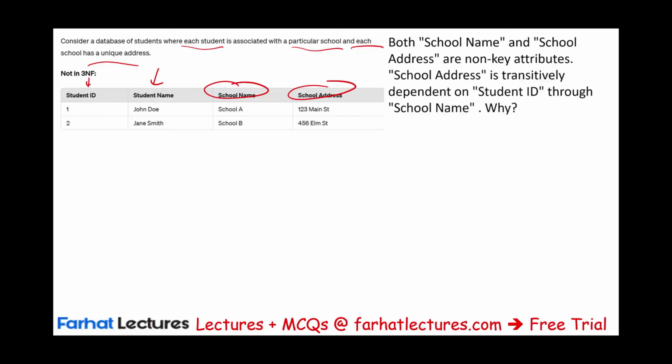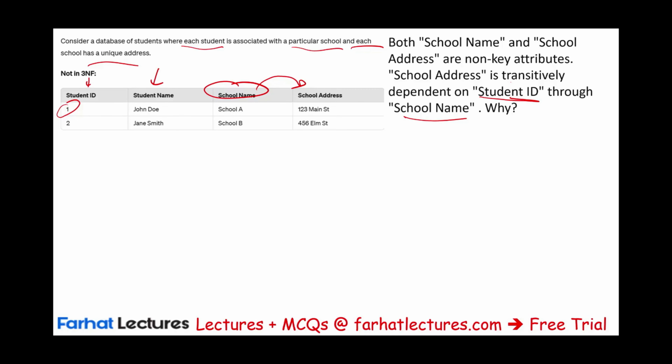School address, so to know the school address, all you have to do is know the school name. And to know the school name, you have to know the student ID. Well, school address is transitively dependent on student ID through the school name.